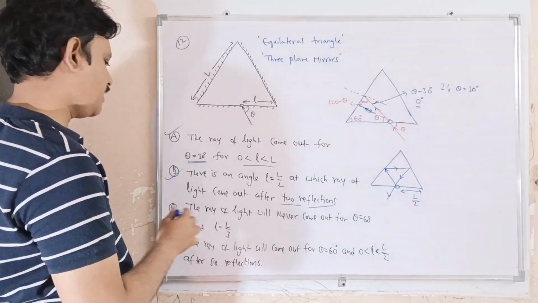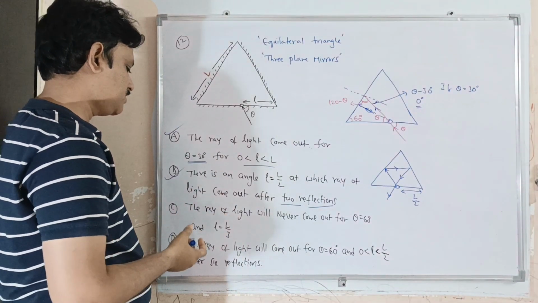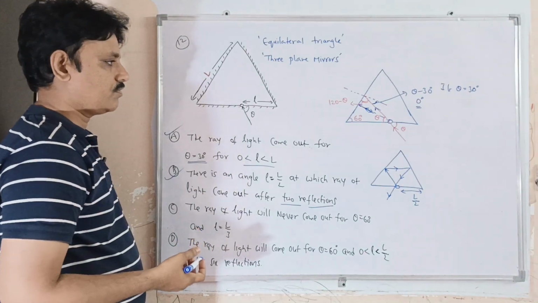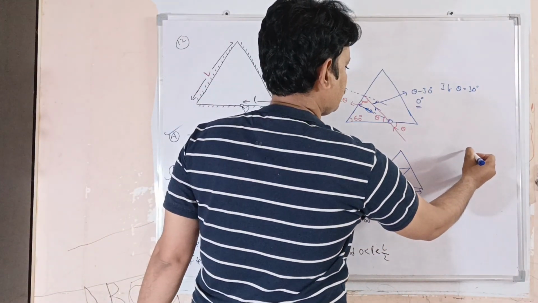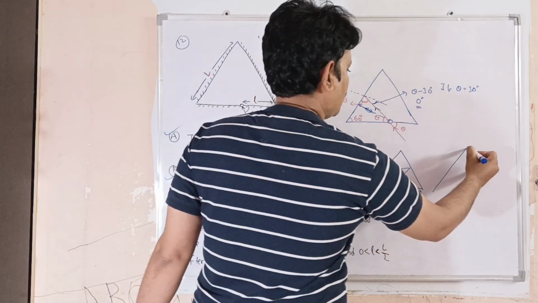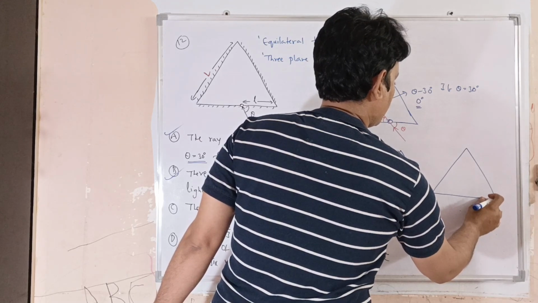And the next point is, the ray of light will never come out for theta is equal to 60 degrees and l is equal to L by 3. That is the third point given. Suppose in this case, if you draw the structure, l is equal to L by 3.